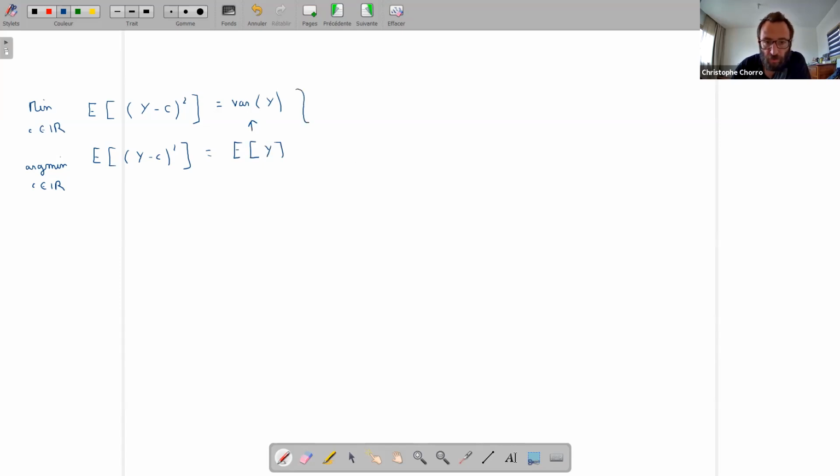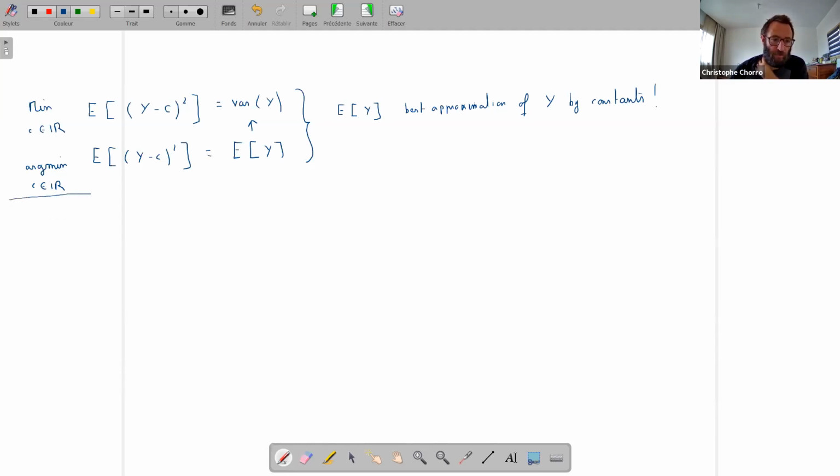And what was my conclusion for this one? I have argued that I can consider the expectation of y as the best approximation of y by constants. Okay, I have explained this to you in a previous session.